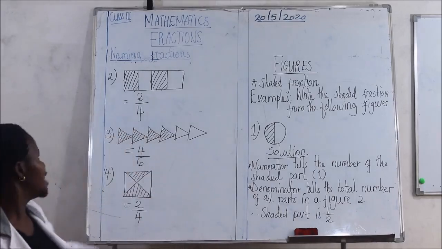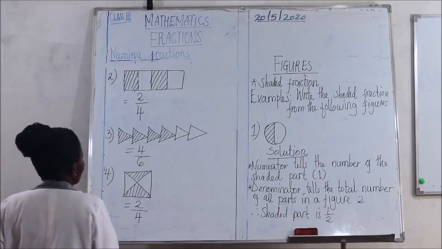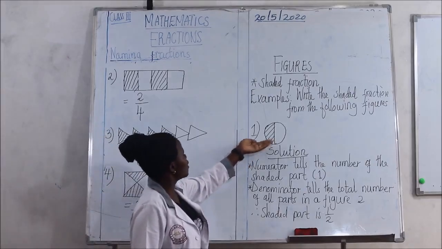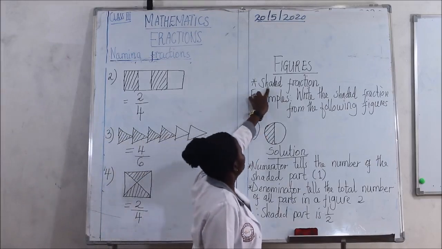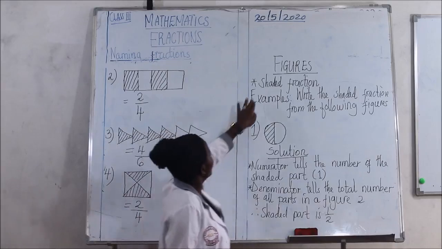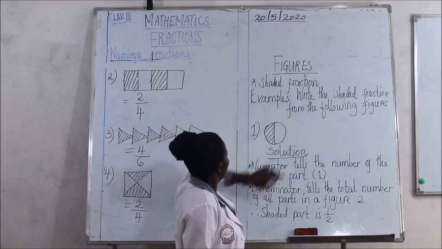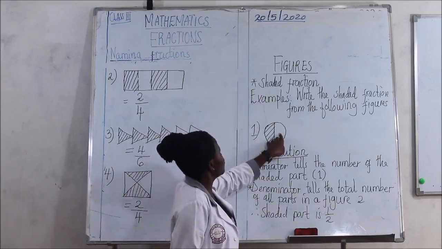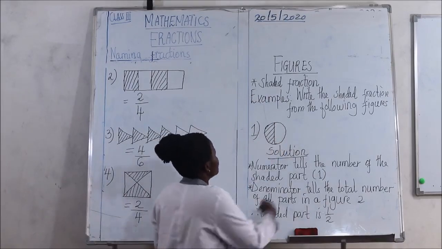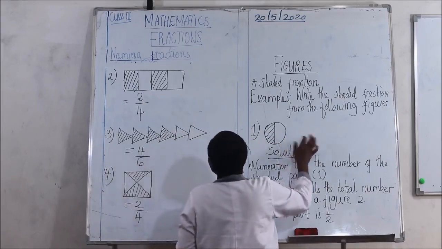If the question changes from the shaded part to unshaded, keeping in mind unshaded is the opposite of the word shaded, then here the unshaded one will be this one. The total number of partitions in this figure is 2. So the answer will be 1 out of 2.